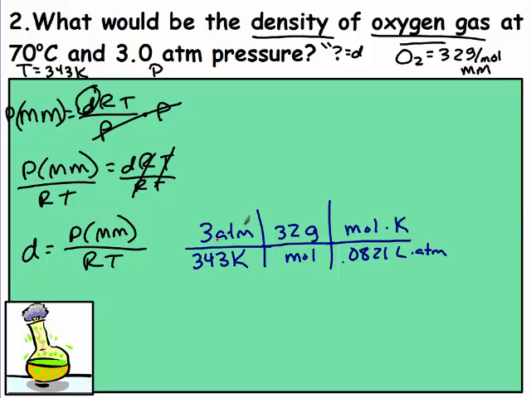Cancel my units. I'm left with grams over liters. Density has 2 units, just like molar mass, so those are the units. You get this in the calculator. Again, make sure you can get that. We want 2 significant figures, so 3.4.